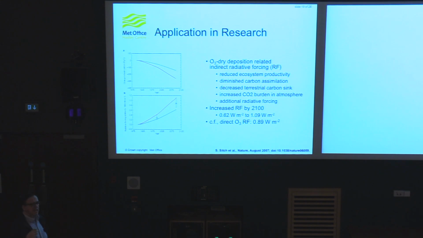The idea here is that the dry deposition of ozone, as I said, reduces the photosynthetic capacity of the ecosystems, which means they can't assimilate as much CO2 as they would without the damage, and that leaves a larger portion of CO2 in the atmosphere, which contributes to radiative forcing.